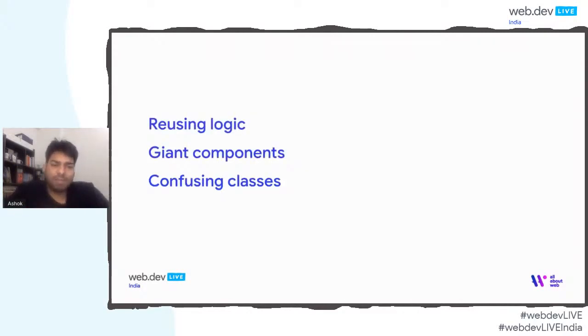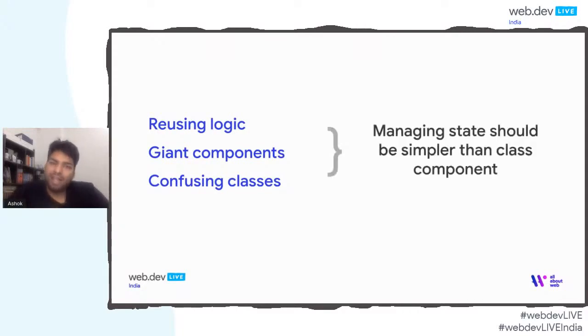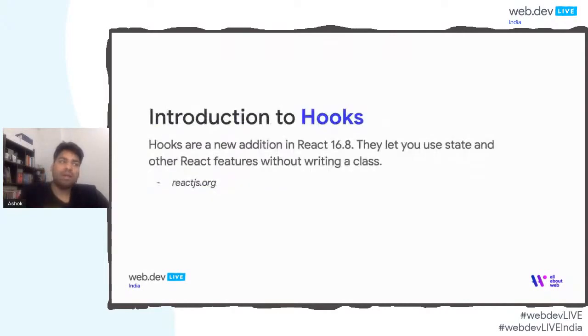So these are the three specific problems which we have talked about so far, and I think these problems exist because there is no simpler way to manage state inside a function component, and the only way which we have is using a class component. So to solve that problem, in React 16.8, they have introduced hooks.